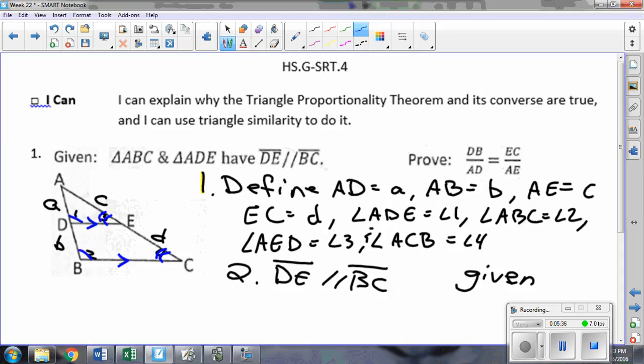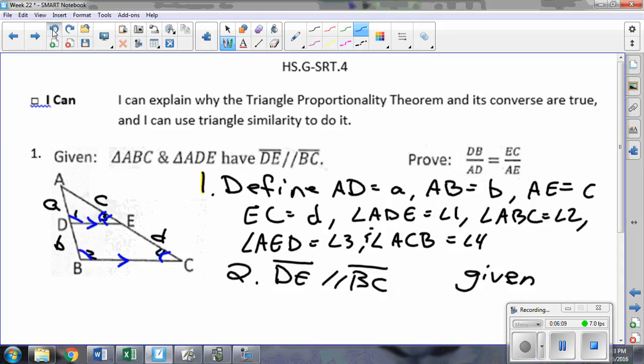Having two pairs of congruent angles will tell us the top triangle is similar to the overall big triangle. Triangle similarity will allow us to create a proportion, but not the right proportion. After that, we're going to use some algebraic manipulation, just moving some pieces around until we get this proportion over here that we want.